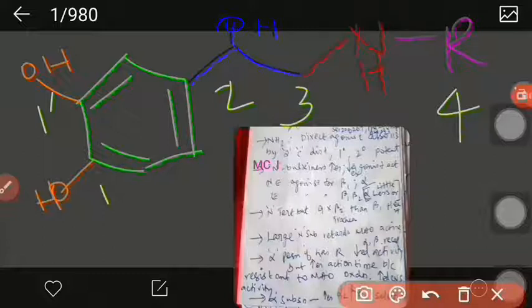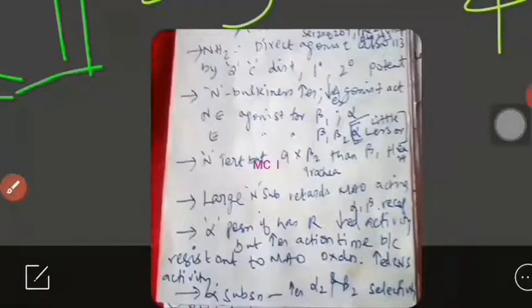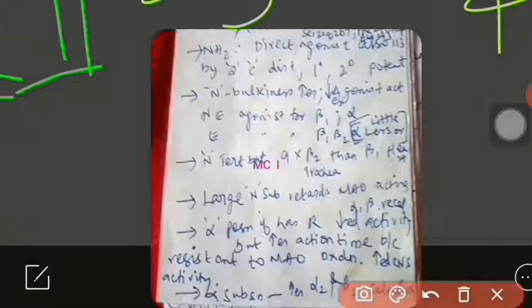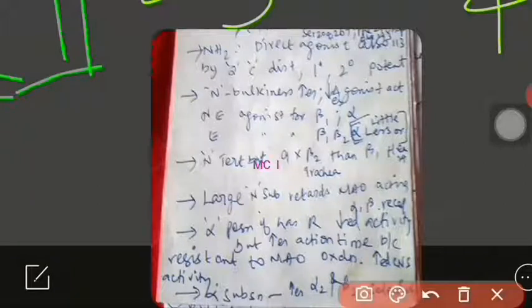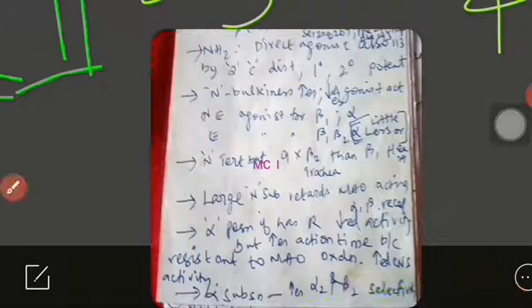If there is some substitution here, then the alpha activity and beta activity is decreased. So alpha substitution increases alpha 2 and beta 2 activity. If the size of the alpha substitution increases, alpha 2 and beta 2 get selectively modified. Now we shall see the next part.